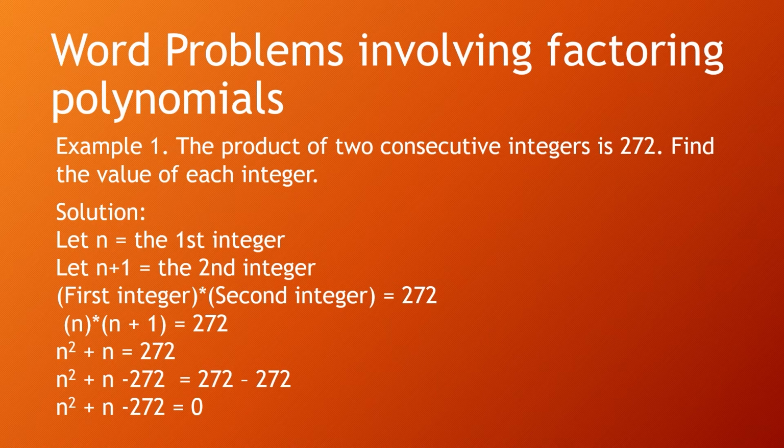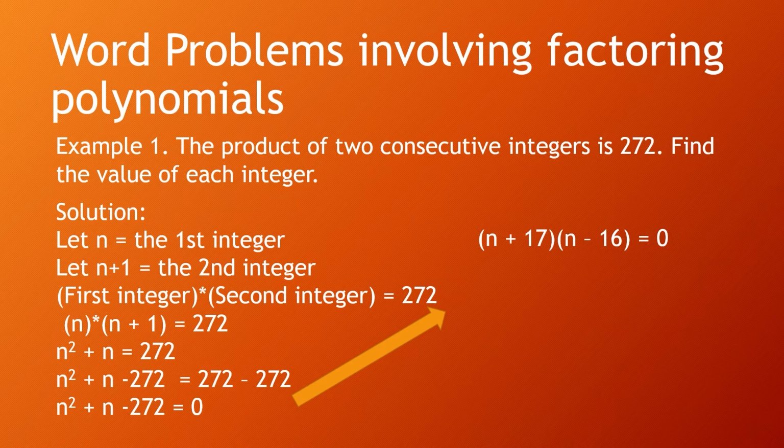This is where what you learned from factoring general trinomials comes in. Based on what you learned, this is case 3, where the last term is negative. Can you still recall them? Very good. So we now have n plus 17 times the quantity n minus 16 is equal to 0.